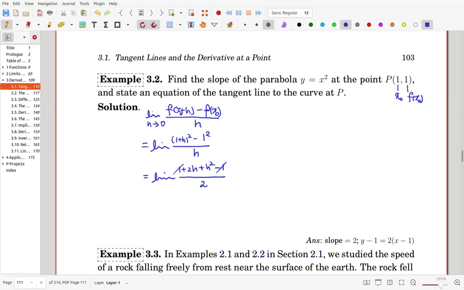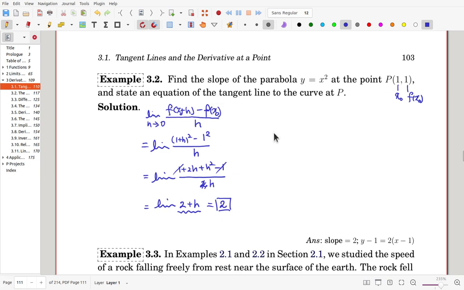Oops, at the bottom I wrote 2, but that is h. So that is the same limit, and here the first term will become 2, the second one will be h. As h approaches 0, it will be 2, so the slope of the curve is 2. And that is also the slope of the tangent line.